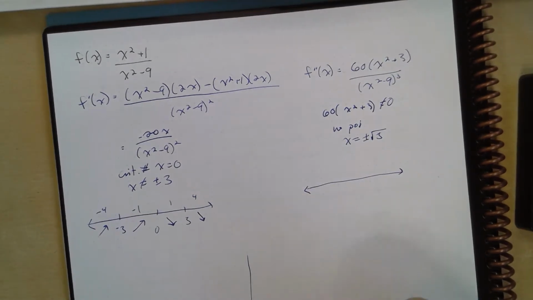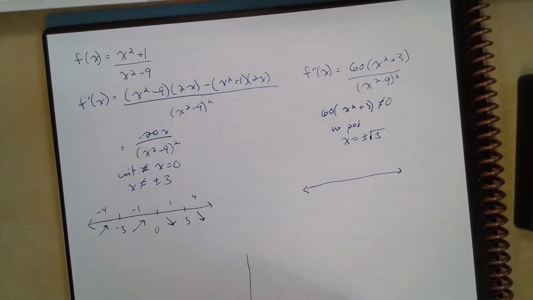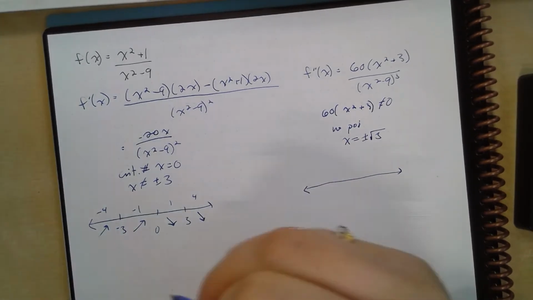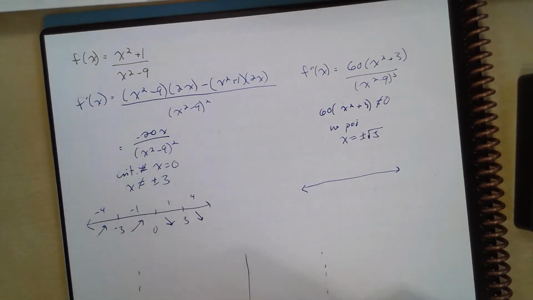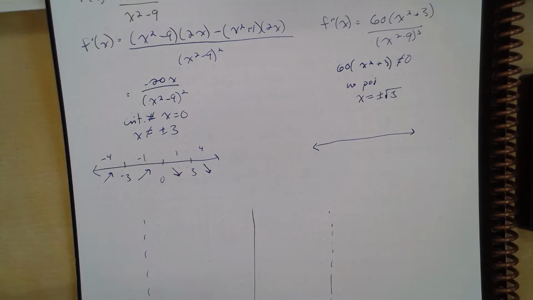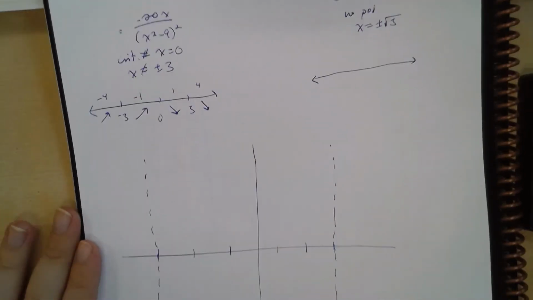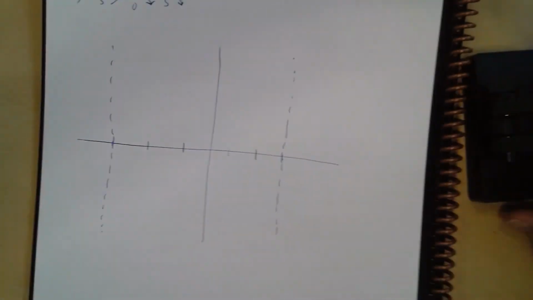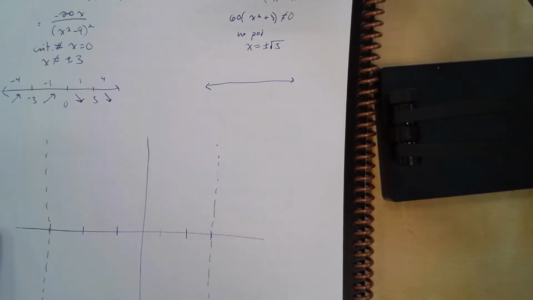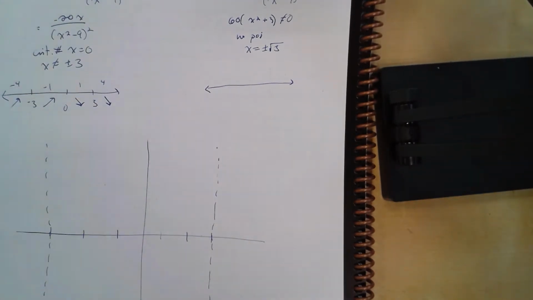So at plus or minus 3, we're going to have our vertical asymptotes, right? So we've got a vertical asymptote here, and a vertical asymptote here. I might have to zoom out a little bit. Okay. So we have a critical number we decided at 0.